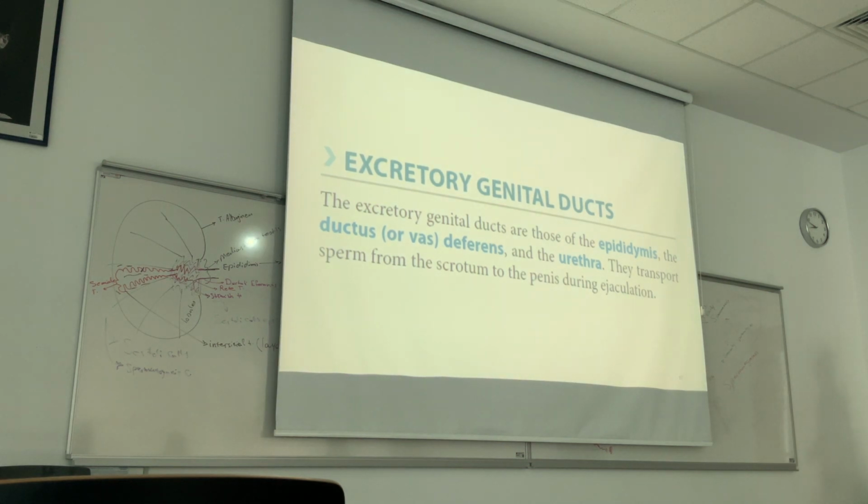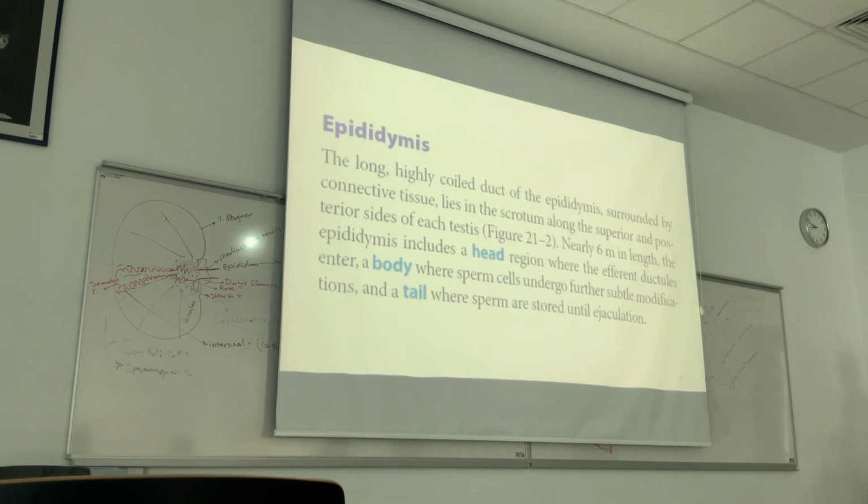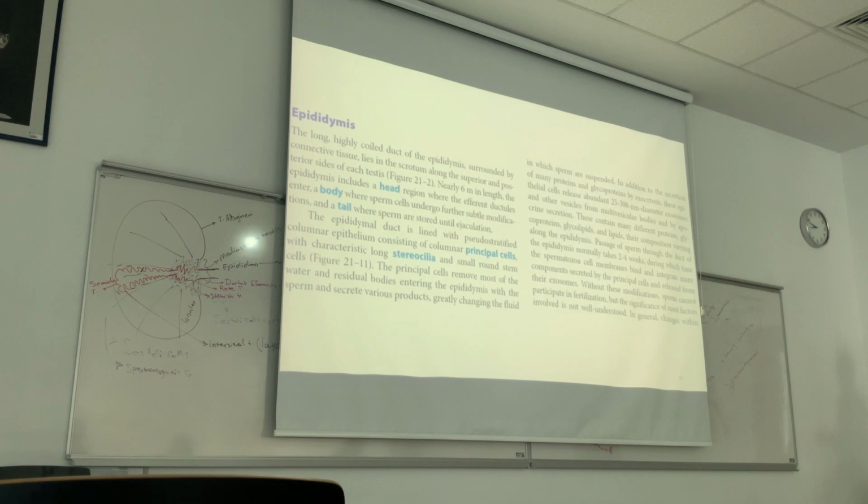Now we are going to talk about the extratesticular ducts or extragonadal ducts. In this part we have the epididymis, ductus deferens, and ureter. As you know, we have the head, body, and tail in the epididymis, and in the epithelium we have the principal cells with stereocilia.